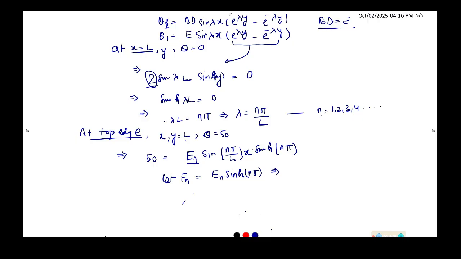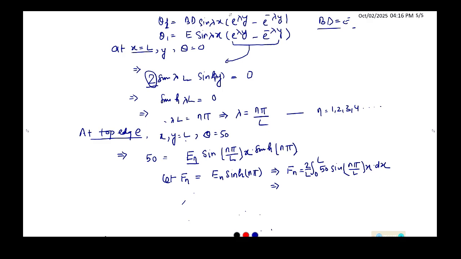Then fn can be written as the integral from 0 to L of 2 by L times 50 sine of n pi upon L into x dx.